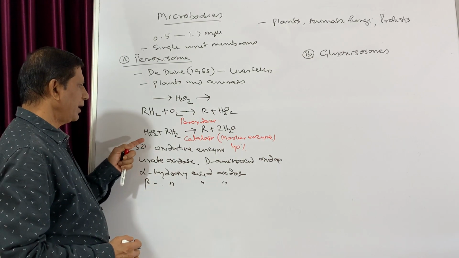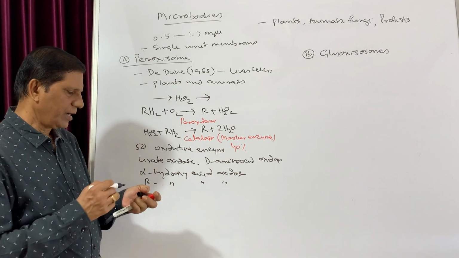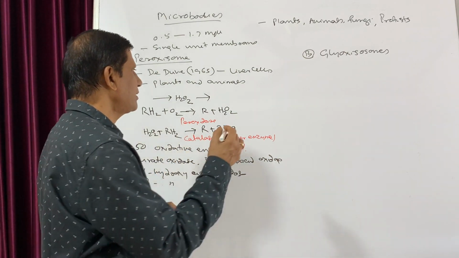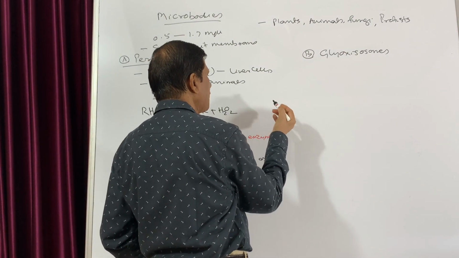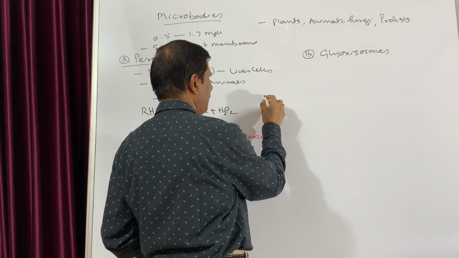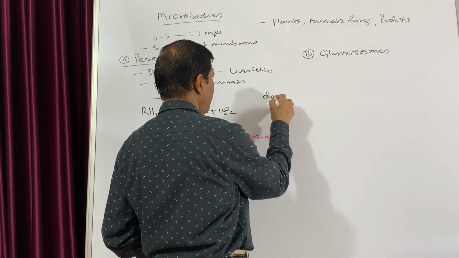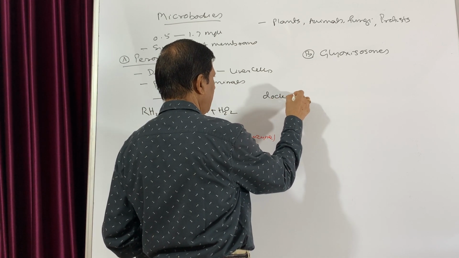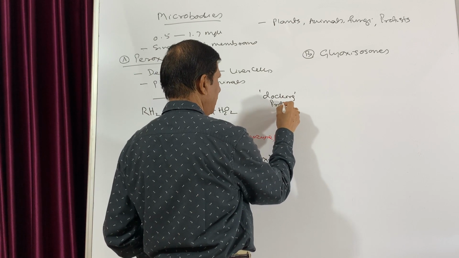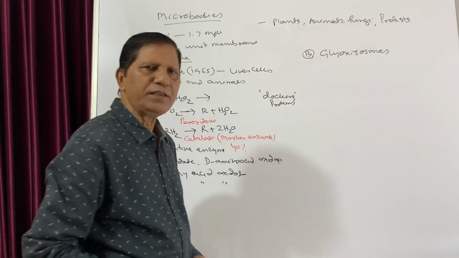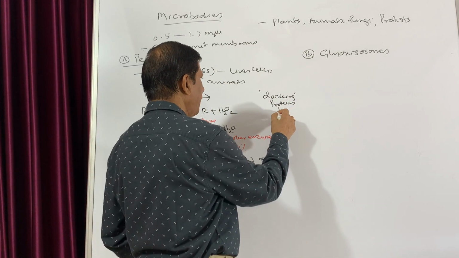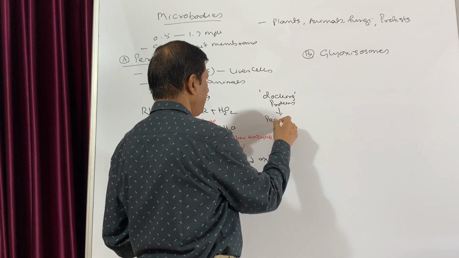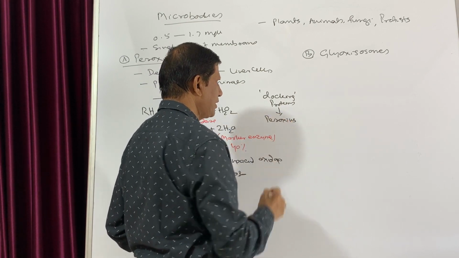Now, in addition to this, the peroxisome also contains some special proteins known as docking proteins, and these docking proteins are usually called peroxins.